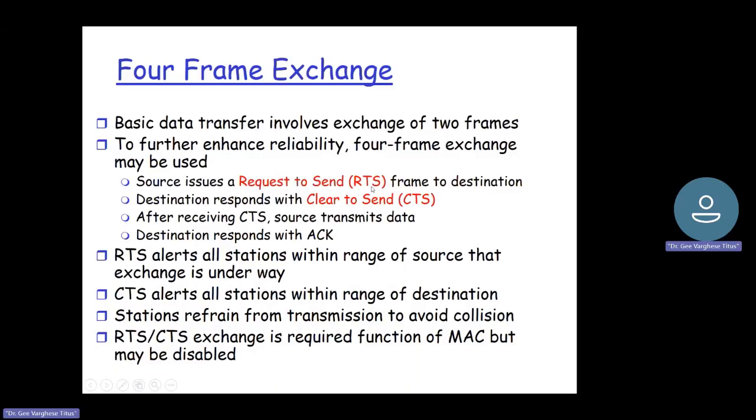And if the receiver says I'm okay, I'm free now, he'll revert back with the clear to send. Now, once I get a clear to send, it's a signal for me to transmit. So I send my data. And once you receive the data, you'll send me back an acknowledgement. So these are the 4 frames by which you can ensure that there is reliability to an extent.